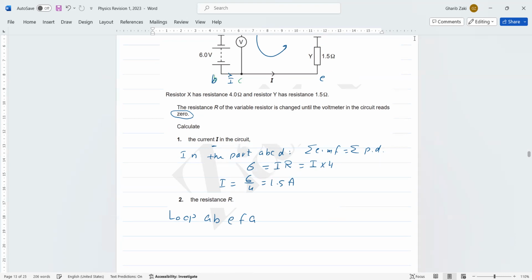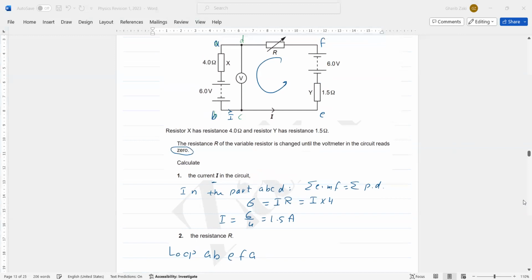Yes, one question. Mister, I did not understand the circuit. Okay. The circuit reads 0 means the sum of EMF equals the sum of potential difference around this part. So here the voltmeter reads 0, and this part is a closed loop. Just in that closed loop, we use this formula. I know this is a difficult part.